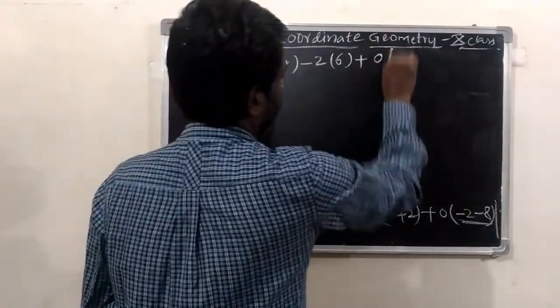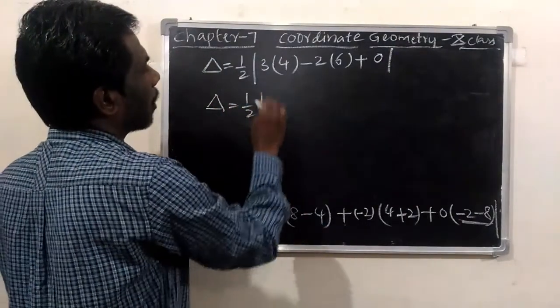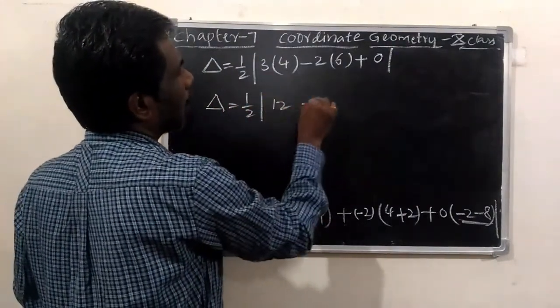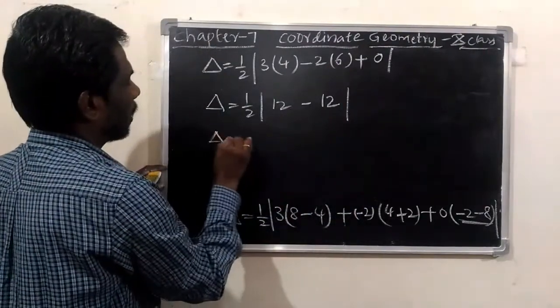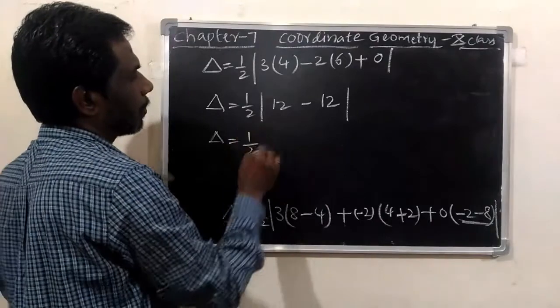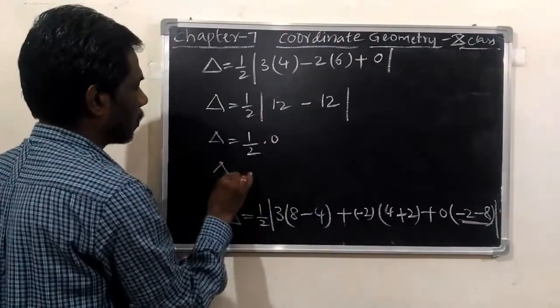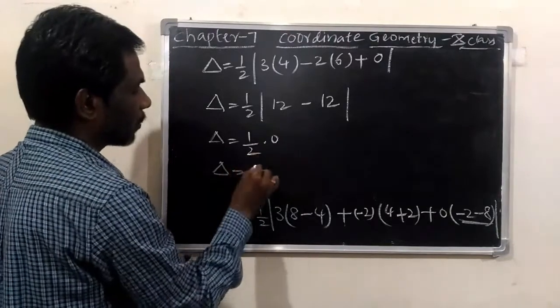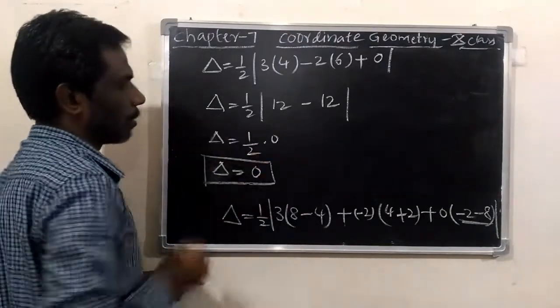We can write 0 there. Delta is equal to half mod of 3 fours are 12 minus 6 twos are 12. Delta equals half of 12 minus 12, which is 0. So delta equals half into 0, which is 0. Here we got delta equal to 0.